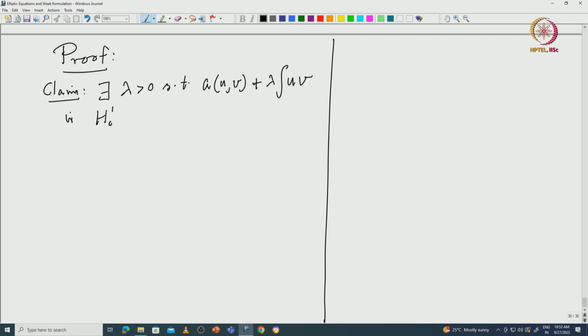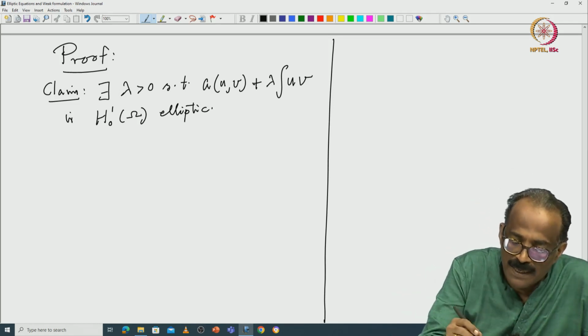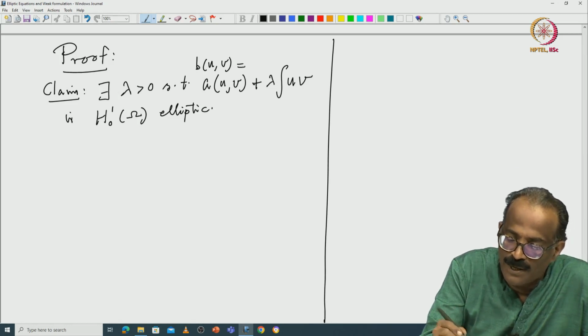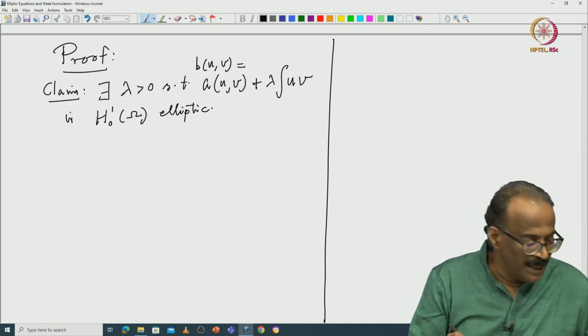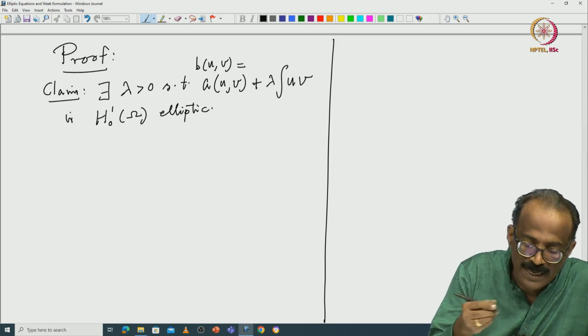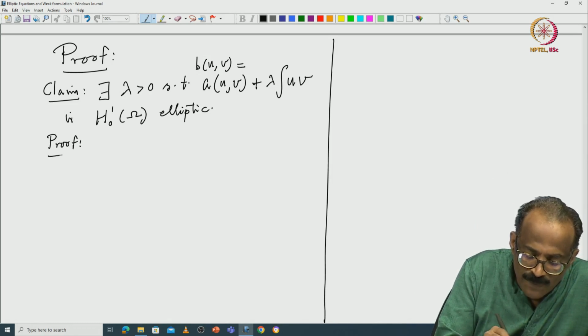You see, a(u,v) need not be H1 naught elliptic, but you can choose a lambda positive. So, you can put a very heavy zeroth order term to prove that this bilinear form, your b(u,v) equal to a(u,v) plus lambda uv, is H1 naught elliptic. So, the first step is the proof of this claim, that is fine.